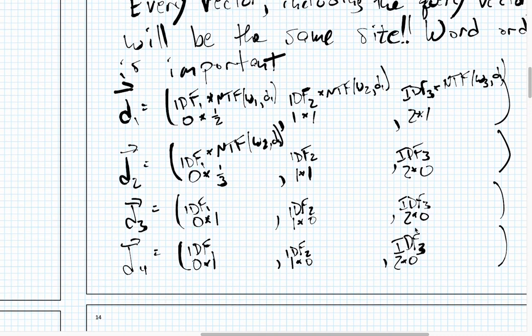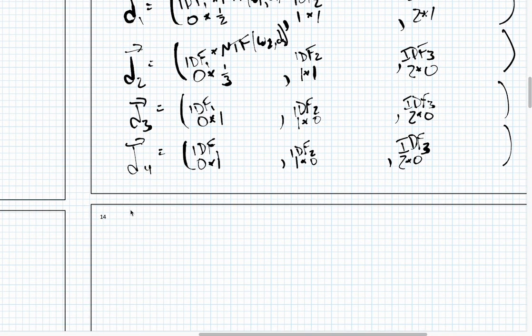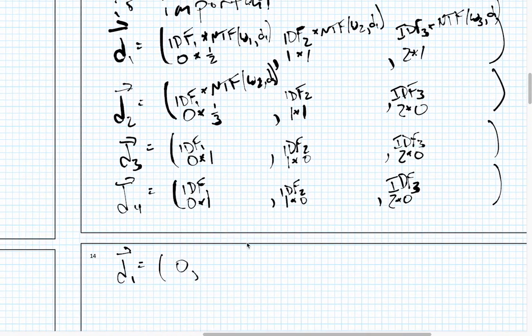So when we come down here and we finish this up, D1 is equal to 0, 1, 2. D2 is equal to 0, 1, 0.